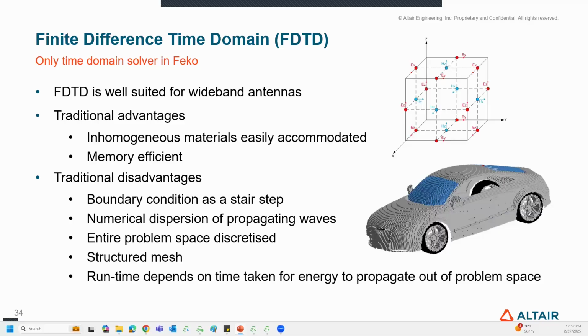And whenever you're trying to solve, let's say, wideband antenna models, instead of using a frequency domain solver where every frequency requires the same amount of memory and time, if you're solving in time, then inherently you're solving over a broad frequency range. So that's another advantage. Whenever you have complex models or extremely wideband models, I would recommend going with finite difference time domain.